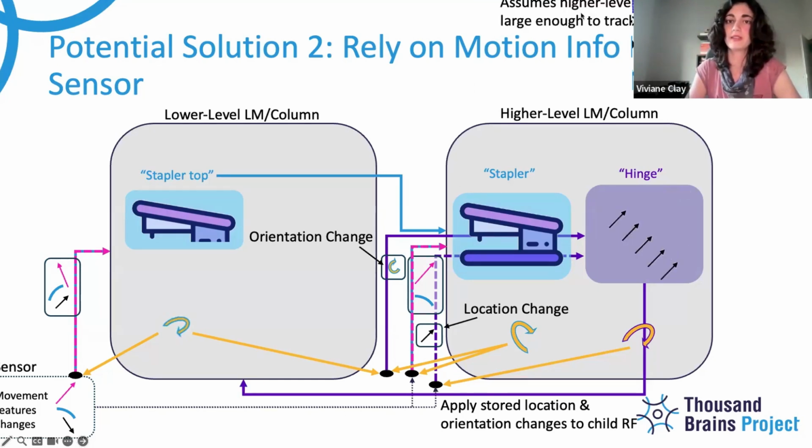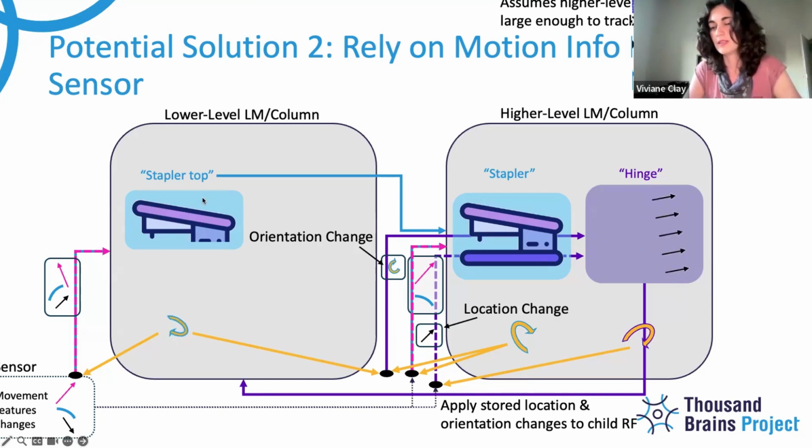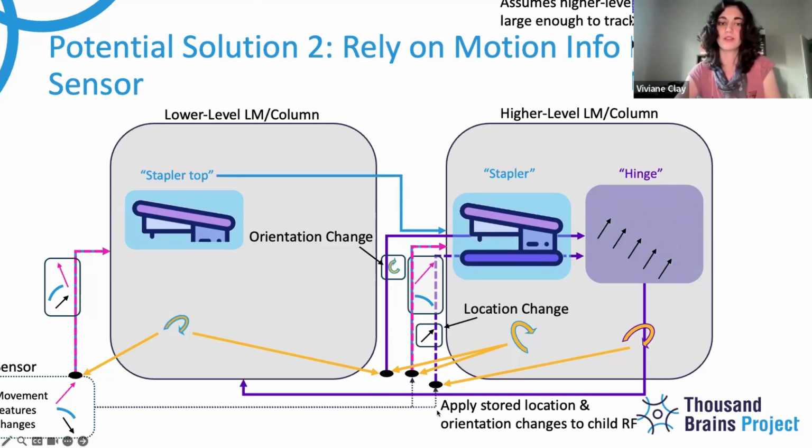And the big assumption this makes is that the high level receptive field is large enough to track the entire child object's movement. This is something we talked about before: the biggest receptive field is to detect the movement of the sensor, like a global movement, but if you have more local movement, that can indicate movement of the object itself. Basically this one would assume that the movement of the child object would be detected from the raw sensory input and stored in a high level learning module's behavior.